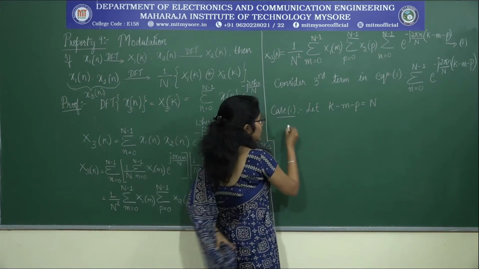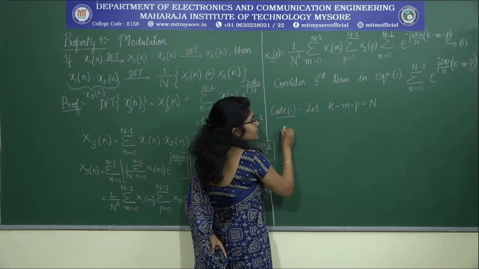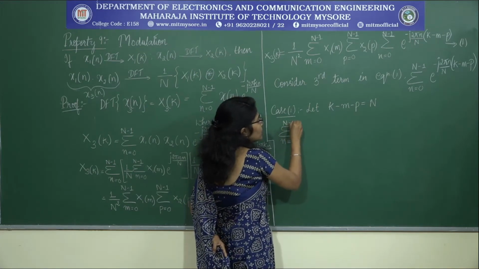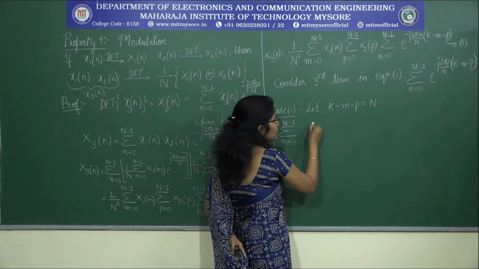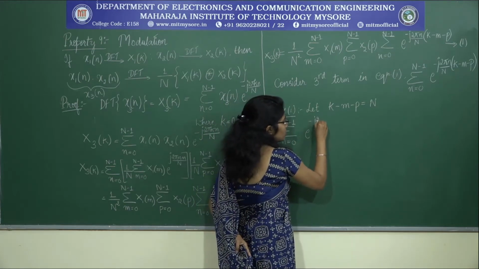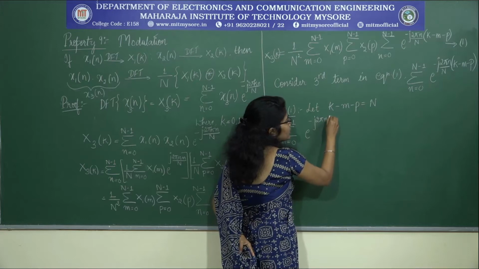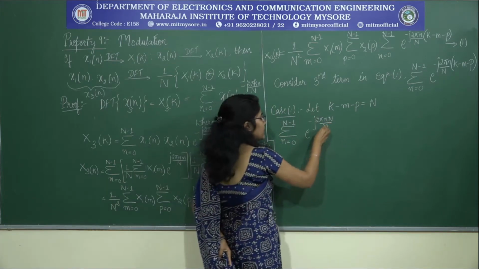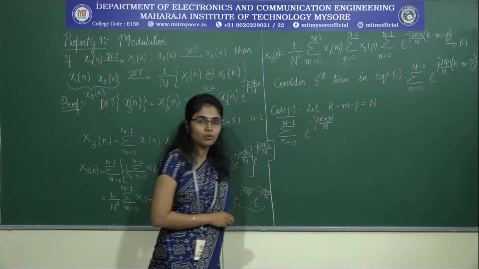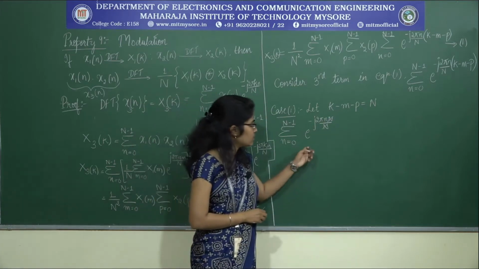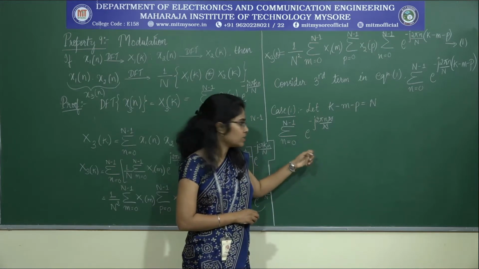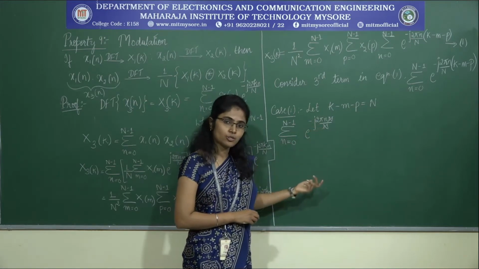If so, I can write it as summation n ranges from 0 to N minus 1 e power minus j 2 pi n into N by N. Now I can cancel N and N, and we know for all values of n, e power minus j 2 pi n tends to 1, or e power j 2 pi is also equal to 1.